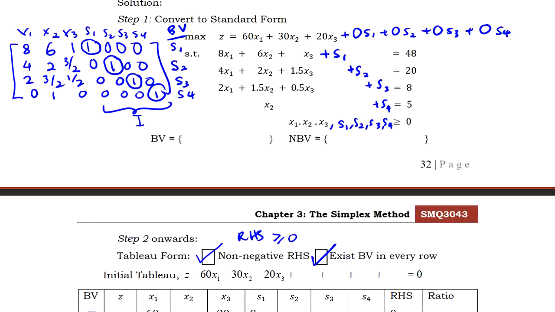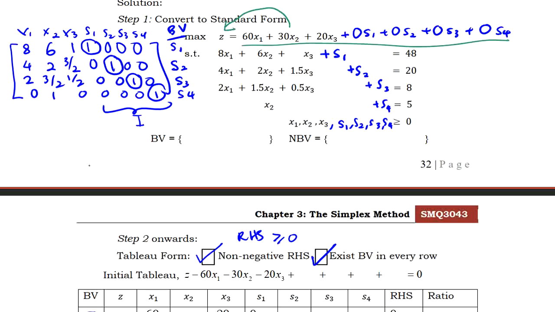So now we want to obtain an initial tableau. First step, you need to move all the right hand side of the objective function to the left hand side.